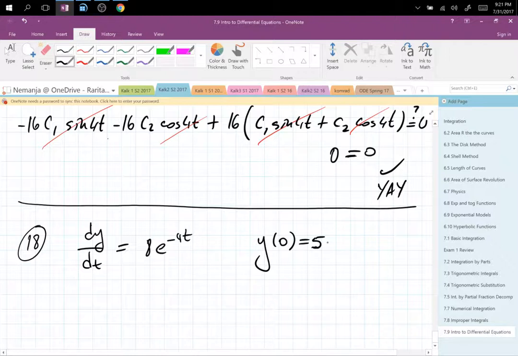So you need to solve this now. The solution is not given to you. When you solve it, you will get a c, and you can calculate the value of c using the initial condition. So go on, solve this.